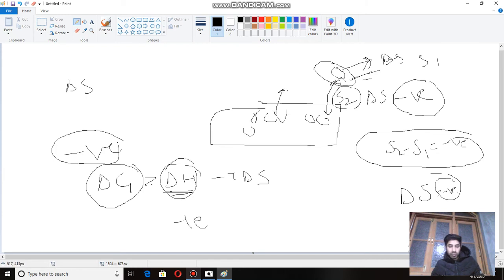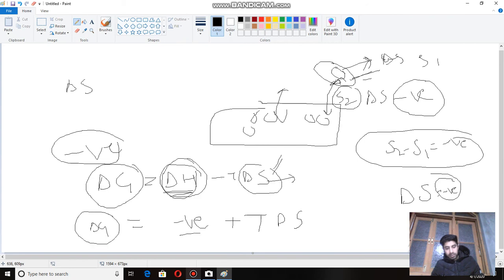Now this delta S is negative because the degree of randomness decreases. So this becomes negative, and negative times negative becomes plus T delta S. Now this should be negative, this is negative.